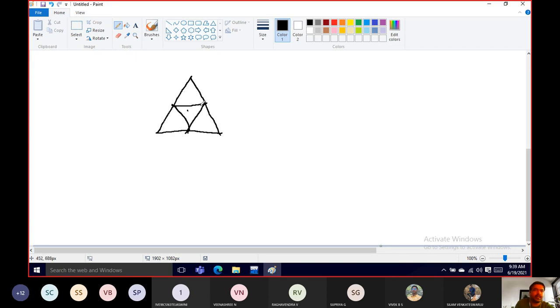Okay. So how many triangles do you get now per side? Initially it was just one. For a single division it became 1, 2, 3, 4 triangles.